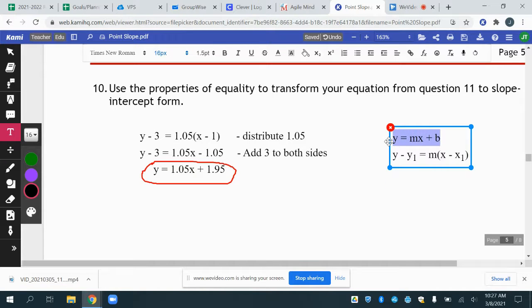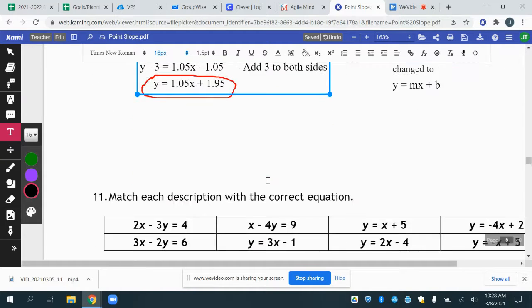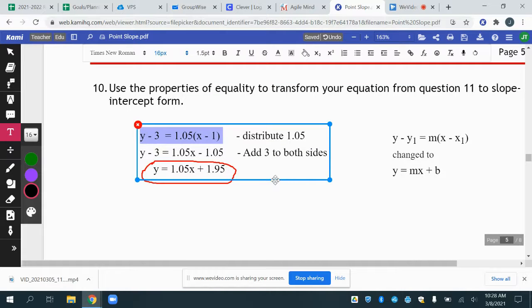This guy, Control C. On the top, we have this form, the point-slope form. By the time we get to the bottom, we have slope-intercept form. It's the same line. If I typed this in Desmos, it would make the same exact graph. They're just written different ways.